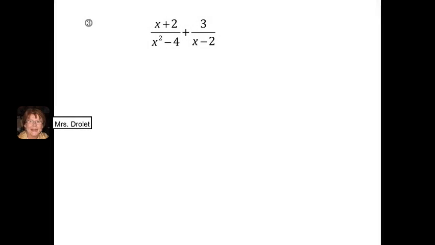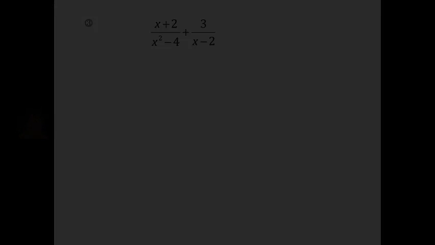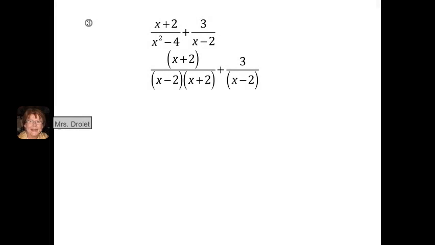How about this example? Do you know what to do? Do you remember what those steps are? Again, try it without looking at my answers. You've recognized that it's addition of rational expressions. Factor both numerators and denominators.